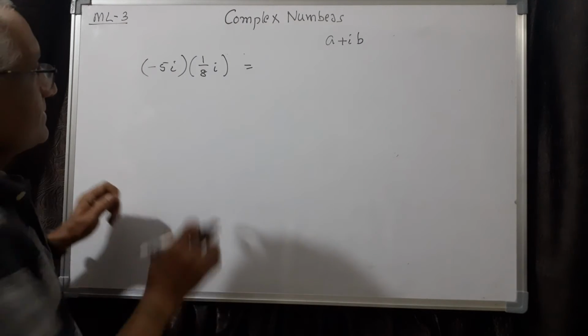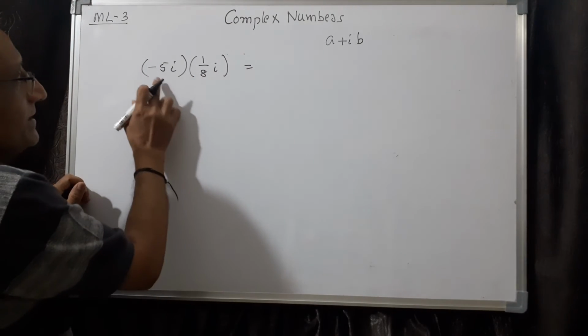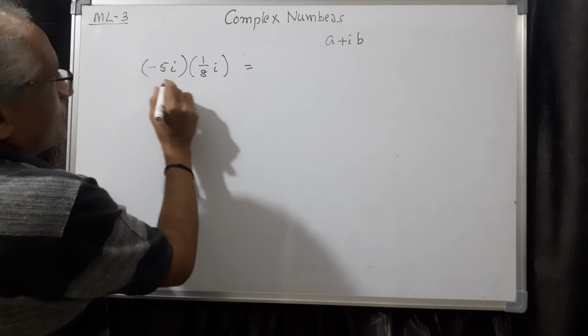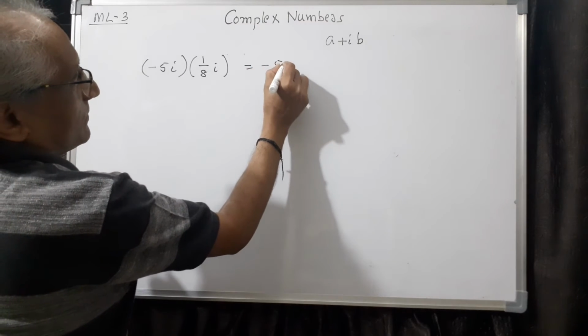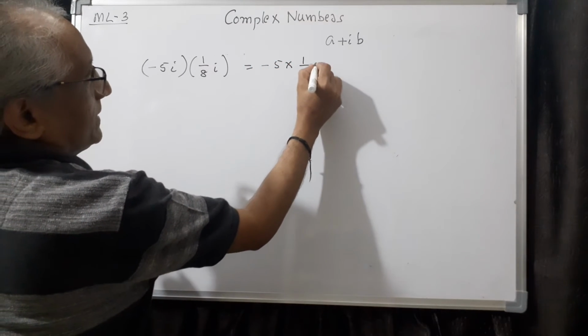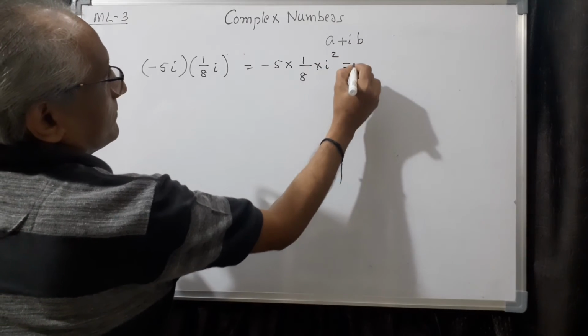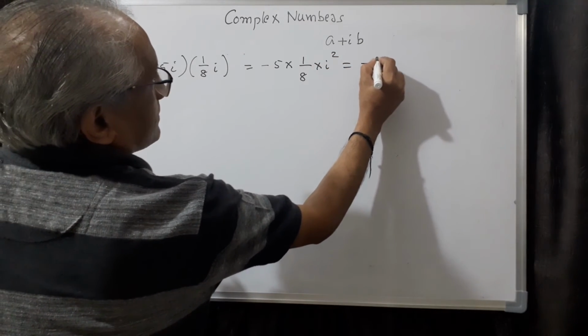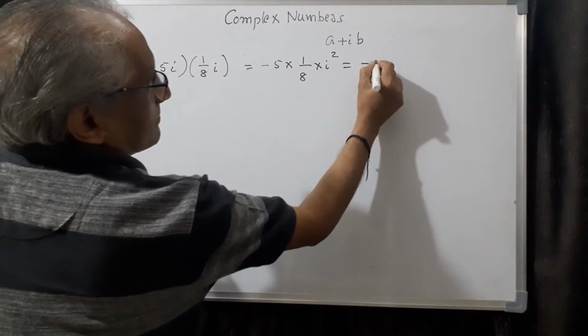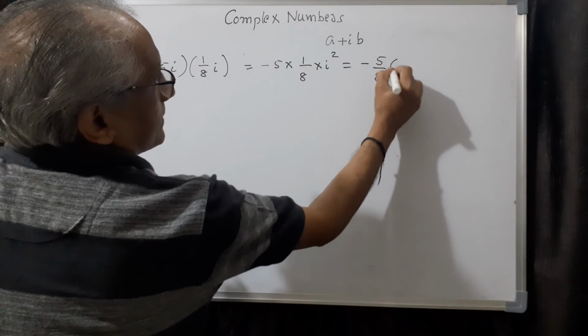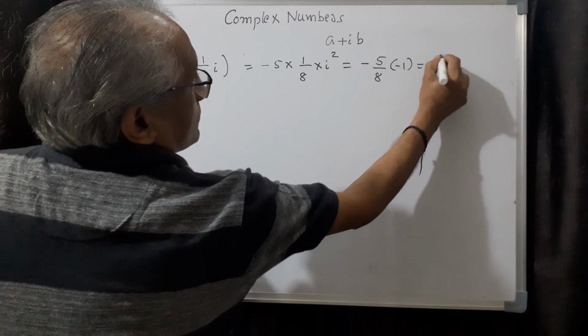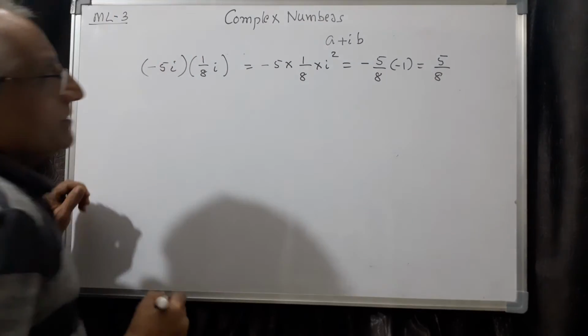See, the calculation is always similar to the real number only. So we can write this as minus 5 into 1 by 8 into i square. This is minus of minus, this becomes minus 1, so minus 5 by 8 into minus 1, so 5 by 8.